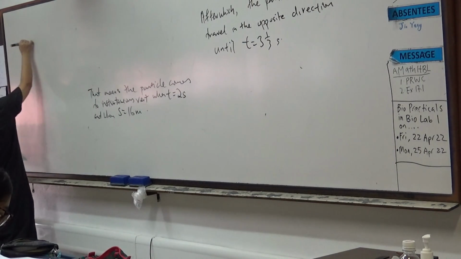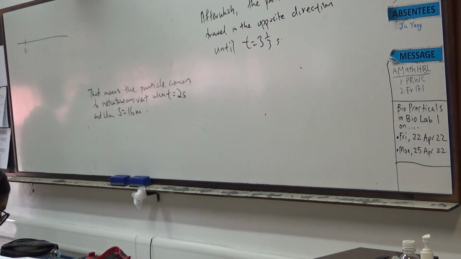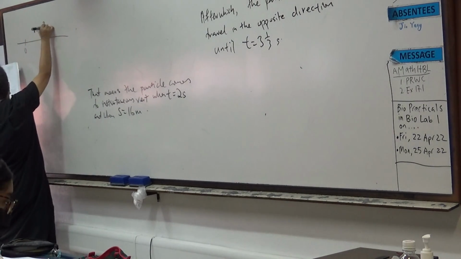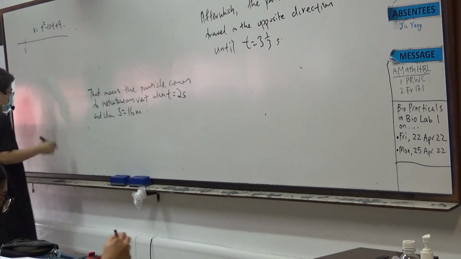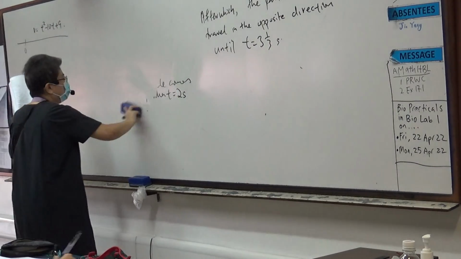That means now I also have a particle that moves past a fixed point O, right? I always draw it out. So now my question is with respect to O.